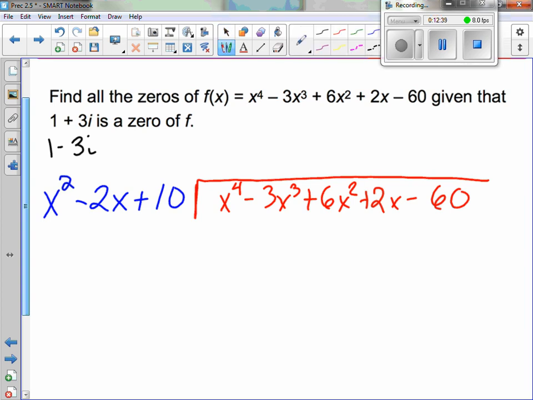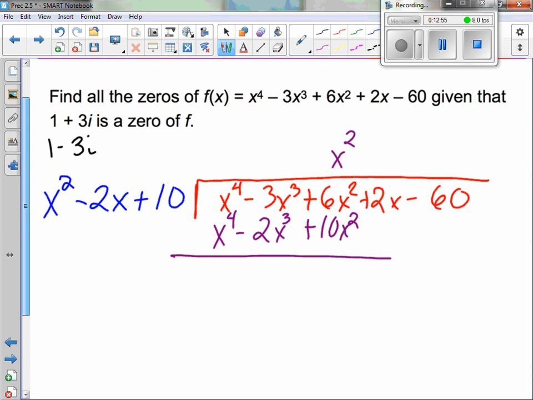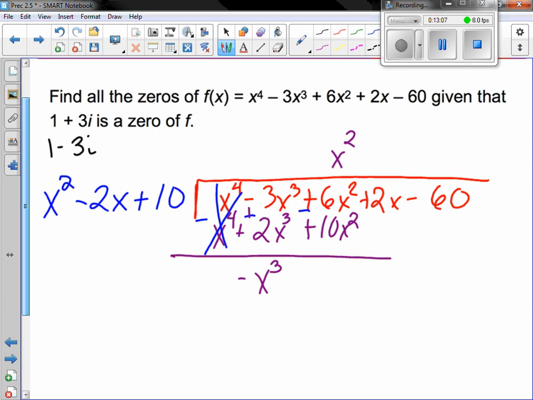What times x squared gives me x to the fourth? X squared, just x squared. X squared times x squared is x to the fourth. We have minus 2x cubed plus 10x squared. And then we would subtract, and those two would cancel like we wanted, yes? It'd be negative because a negative makes a positive.